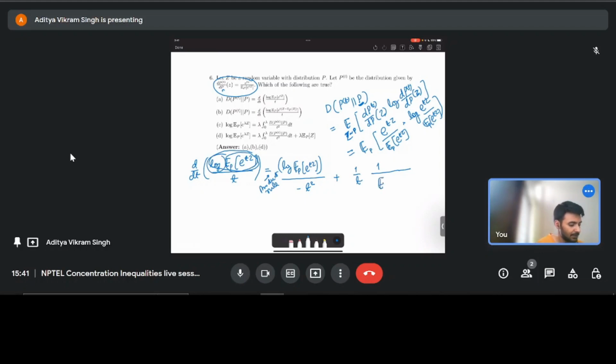So this is just 1 over E_P[e^(tZ)]. This is because of the log, because derivative of log x is 1 by x. And then we take the derivative. We are differentiating with respect to t, and so this Z would be treated as constant inside, and so Z comes down.